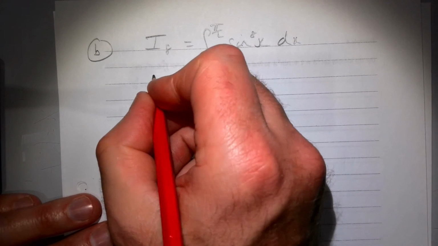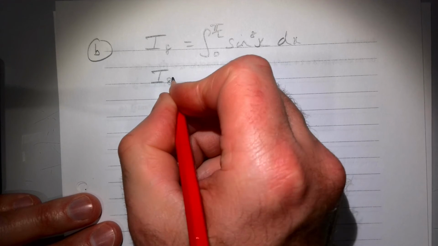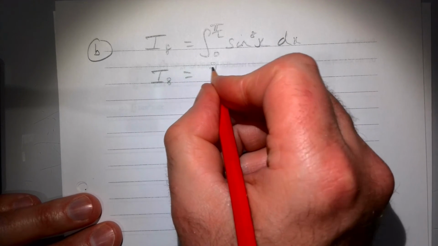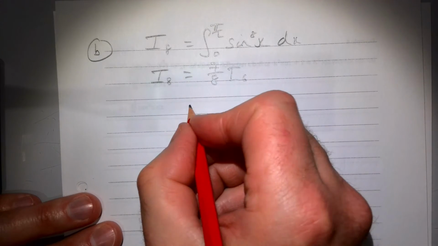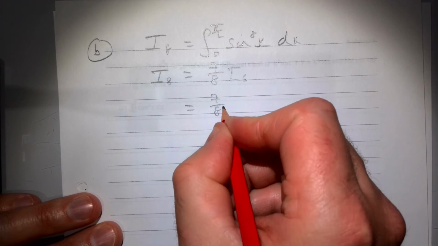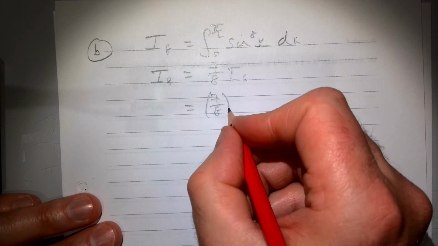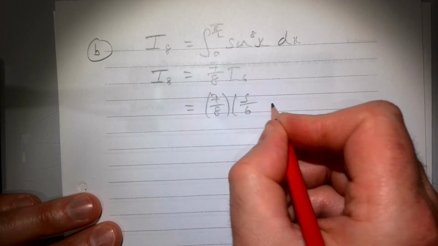So using the same format as before, I8 is going to be 7 over 8 times I6. So that's going to be 7 over 8 times 5 over 6 times I4.